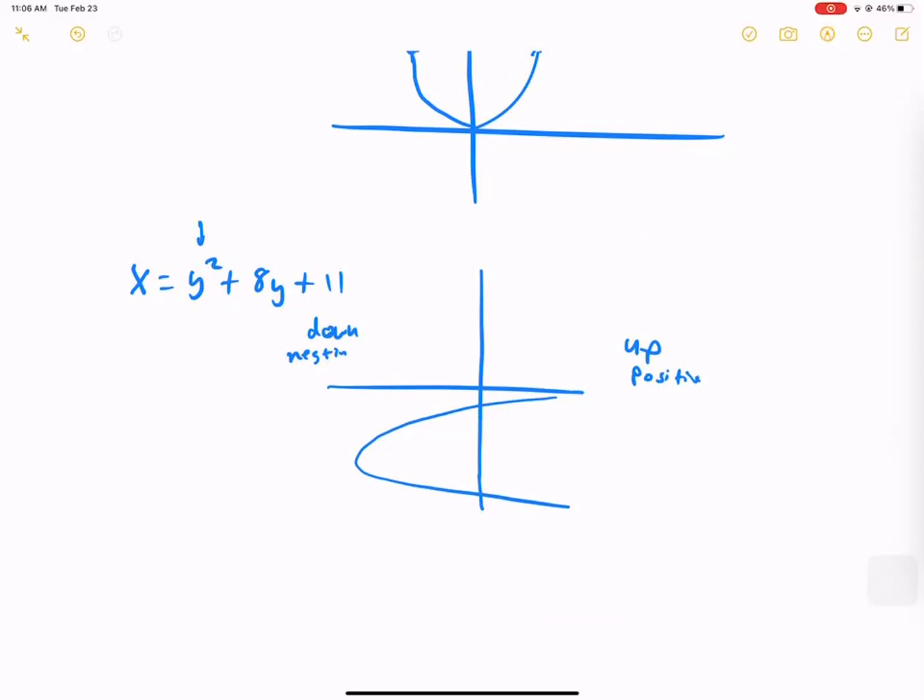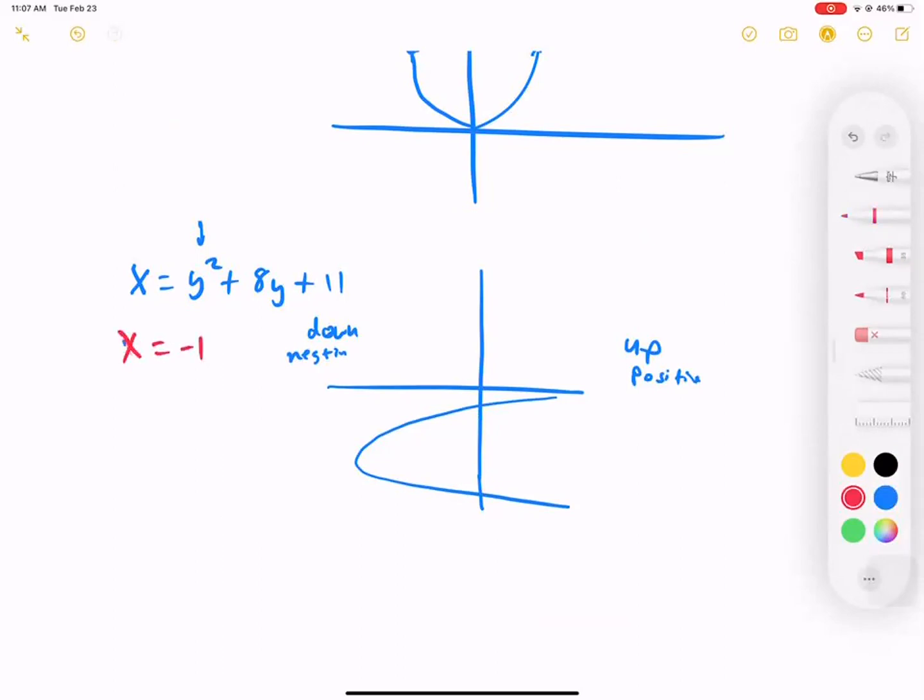Now, if I bound this by x equals -1, let me graph that actually using a different color so you guys can see it. Darn it, wrong color. x equals -1. So -1 would be about here.